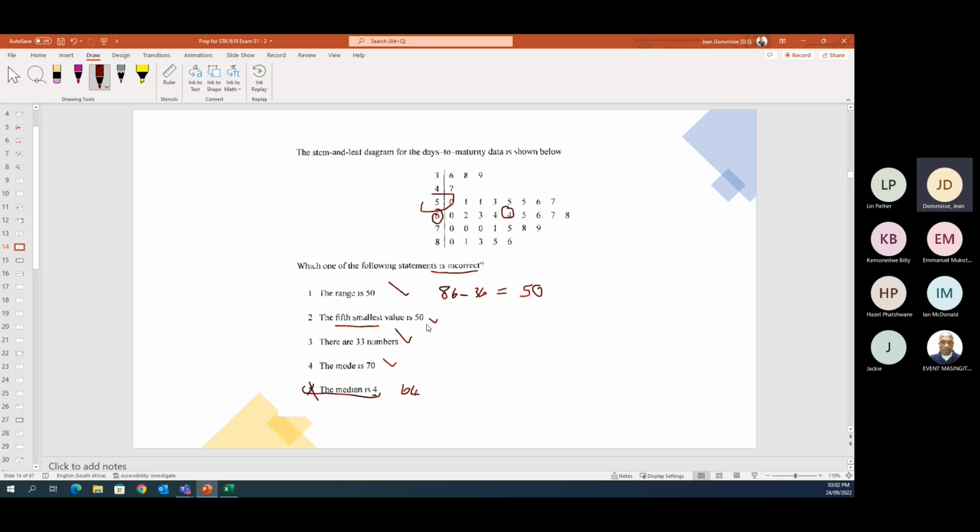They can just maybe give you a different set of options, or ask you a different type of question. Okay, so that again is just to show you the stem and leaf, so that we know we've covered that as well. Okay, before we go on, any questions up until now?